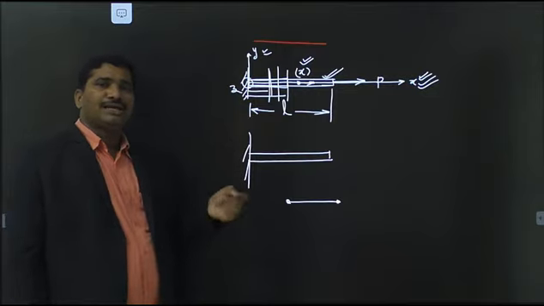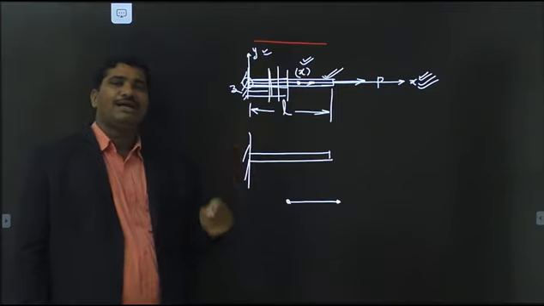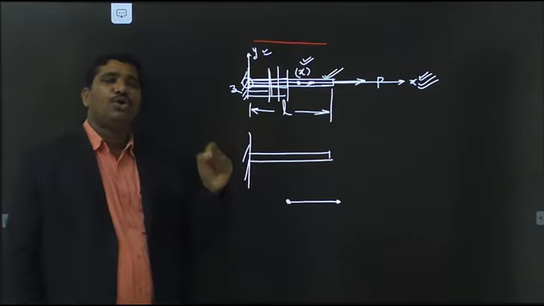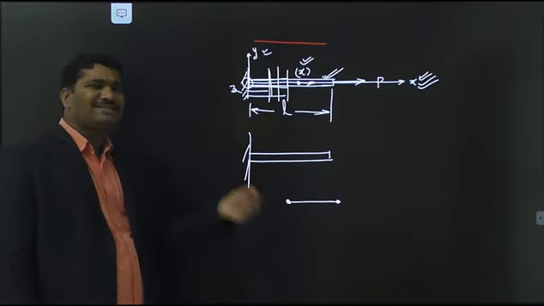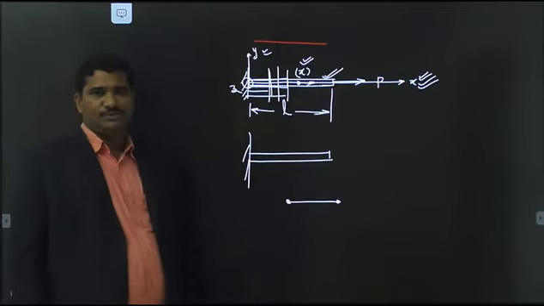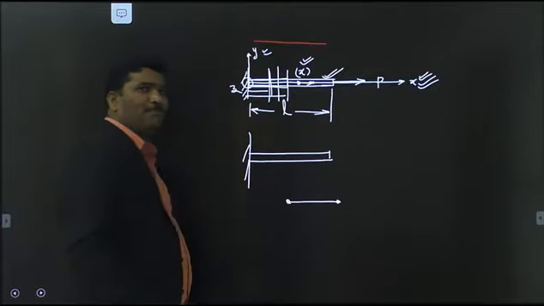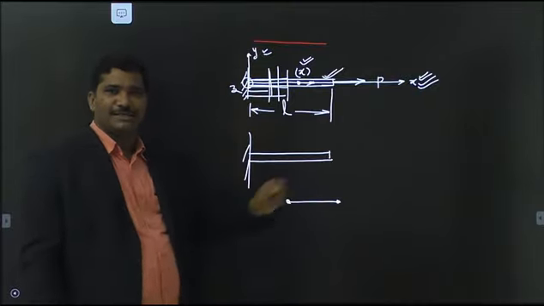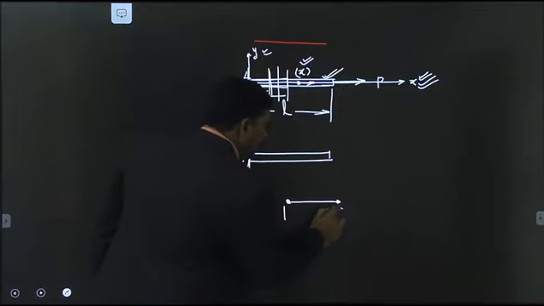Node is represented by the element corner. The element corner represents the node of the finite element. In this case, the node is simply the end point of the element. How many nodes does it have? Two nodes.